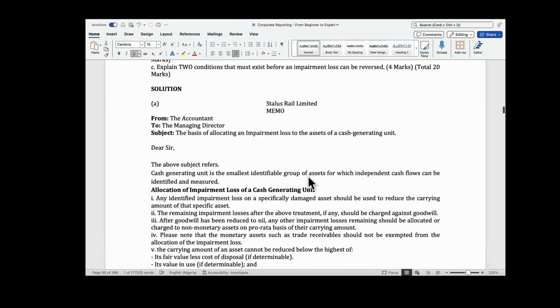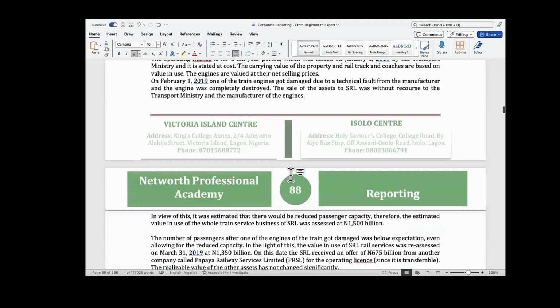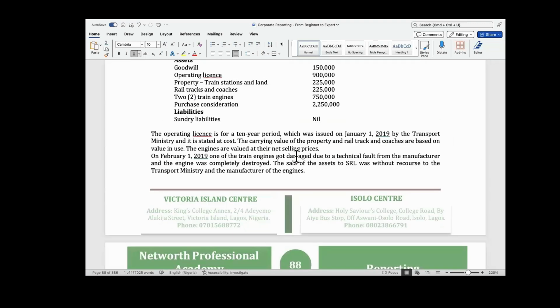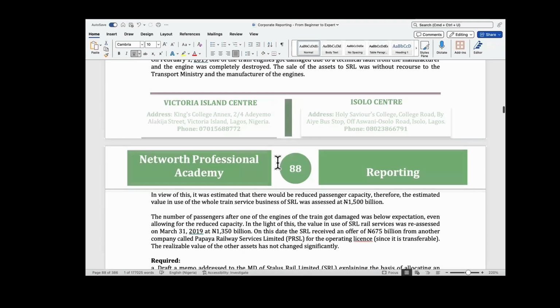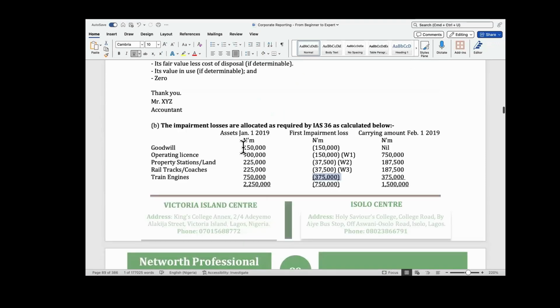Since there is no other asset that was damaged as at this February, it was only this twin engine, the next asset I will allocate impairment loss to is goodwill. Going back here, my goodwill is 150.